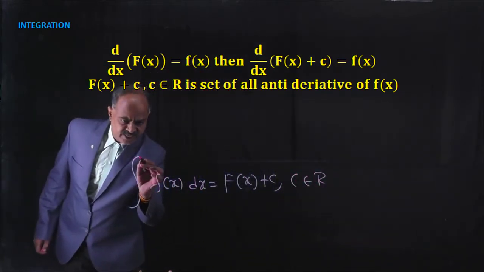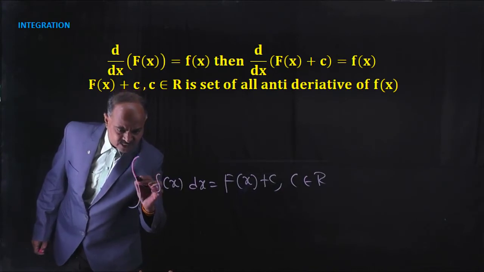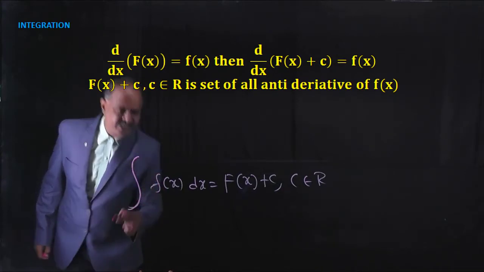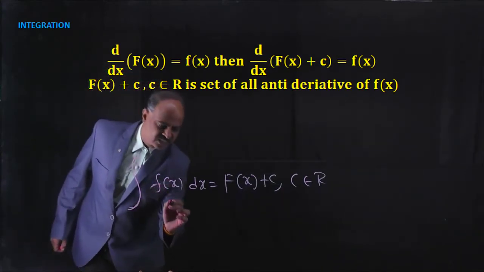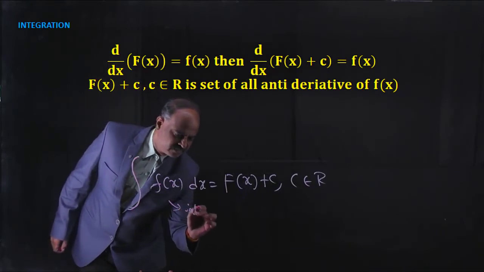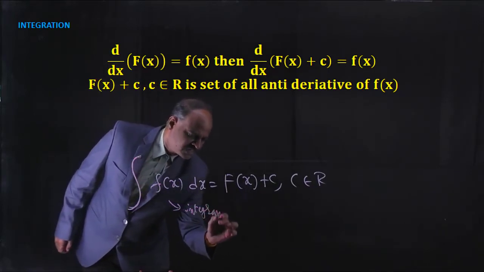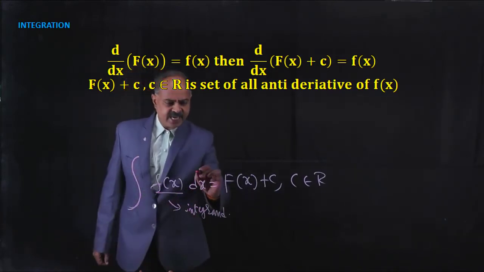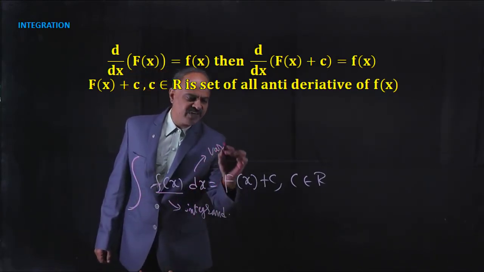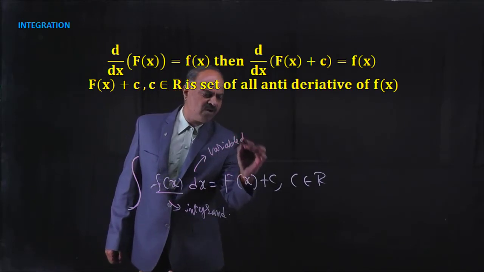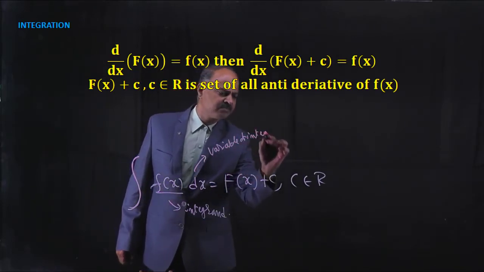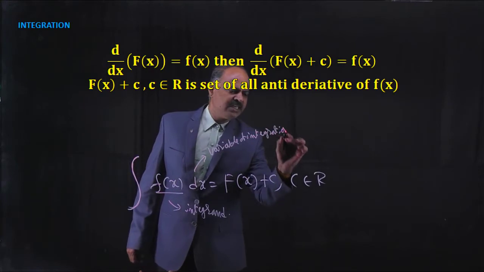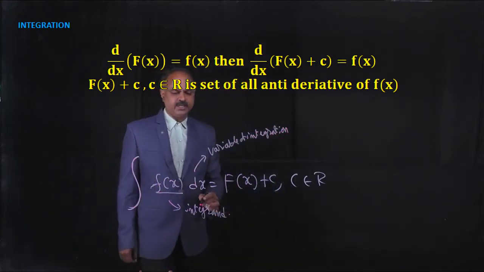Here the deformed shape of S is called the symbol of integration, and f of x is the integrand. The function to be integrated is called the integrand, and dx is the variable of integration, that is, integration is performed with respect to x.